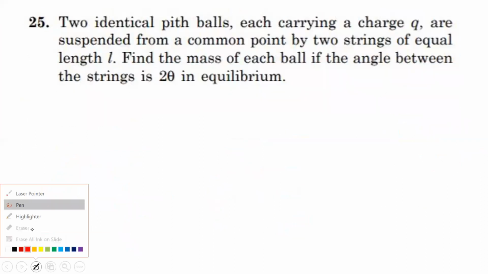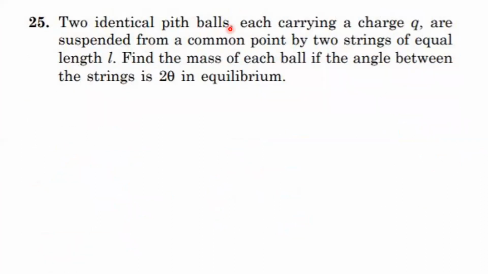Let us solve the next sum. Two identical pith balls, each carrying a charge q, are suspended from a common point by two strings of equal length L. Find the mass of each ball if the angle between the strings is 2 theta in equilibrium.